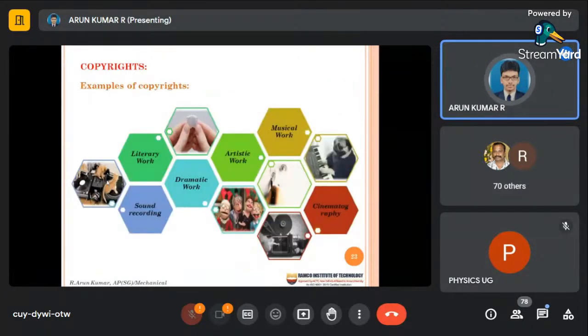So if your creation falls under any one of these categories, then your creation can be protected under copyright. It can be a literary work, a sound recording, a drama, an art, a music, a cinematography, or even a software program. If your creation falls under any of these categories, then your creation can be protected under copyright.